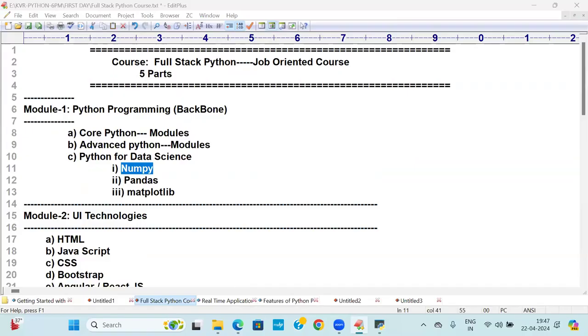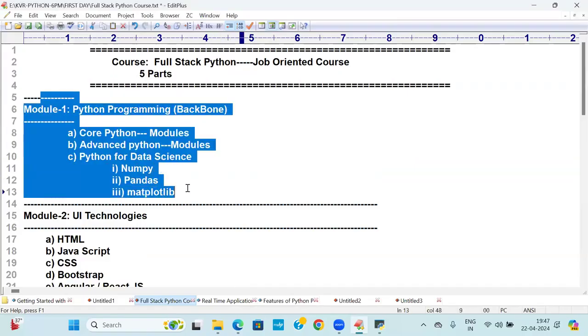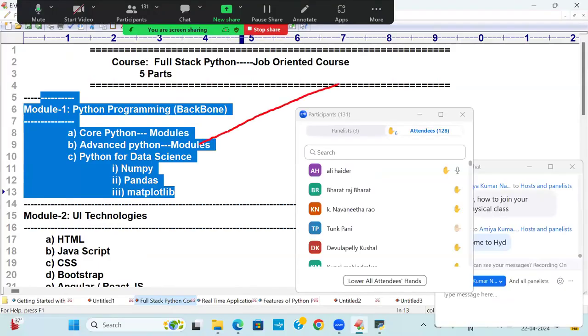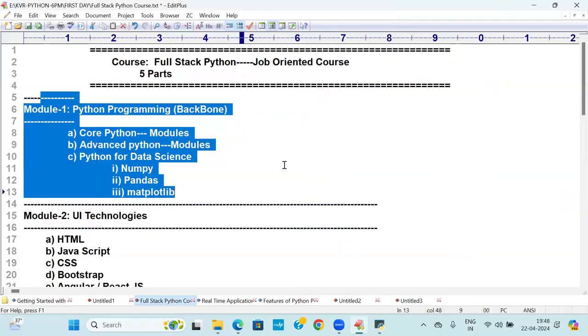Then you learn Python module one. After completion of the module, or in the middle of the module, you can go for data science. This is one route to become a data scientist, one job career. For one more career, to become a web developer, you can go for all the modules using Python.